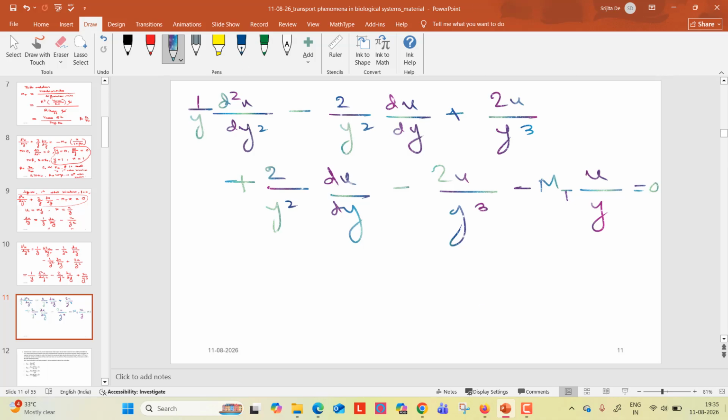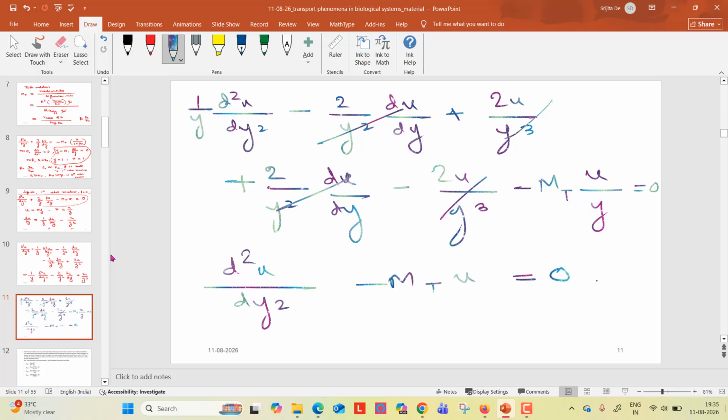Now you can see that these 4 terms will be cancelled out automatically, and we can take out 1/y, so it will simply be d2u/dy2 minus mtu equals 0, right?